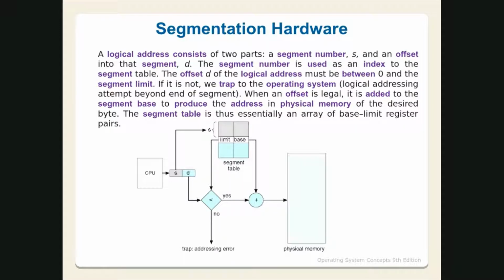The address you see in physical memory is called the physical address. So the CPU generates a logical address. It contains two things: a segment number plus an offset. Remember.